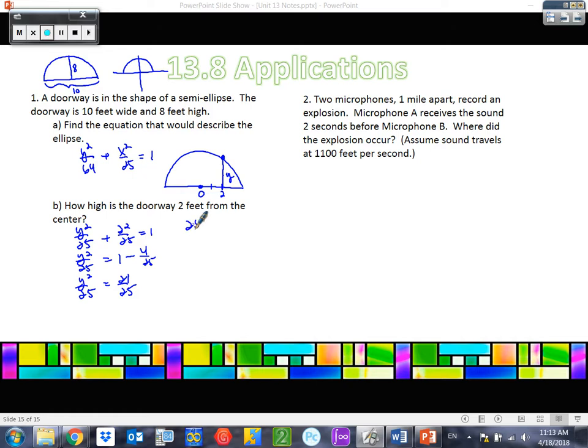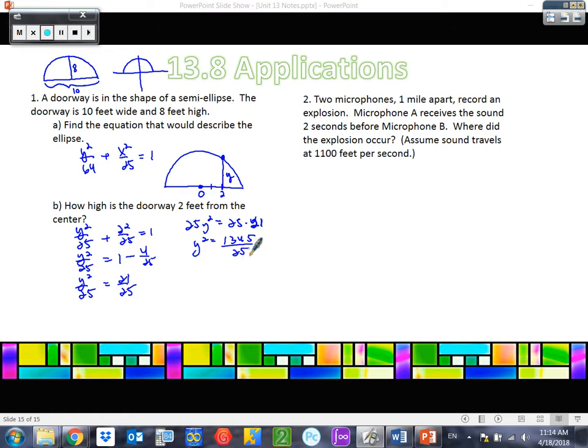So we get 25 y squared equals 64 times 21, which is 1344. So y squared is 1344 over 25.